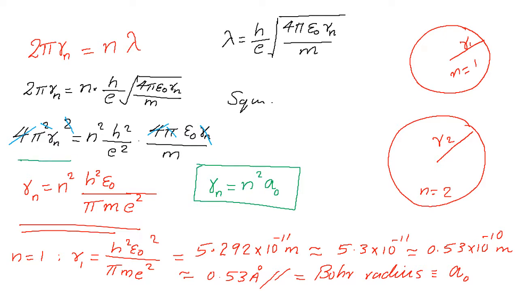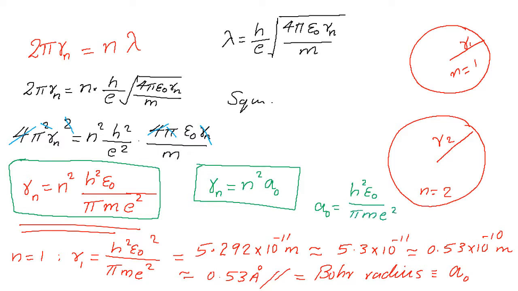Okay, and what is a0? A0 is nothing but Bohr radius and is equal to h square epsilon 0 divided by pi m e square. Correct. So this is the radius of nth orbit.